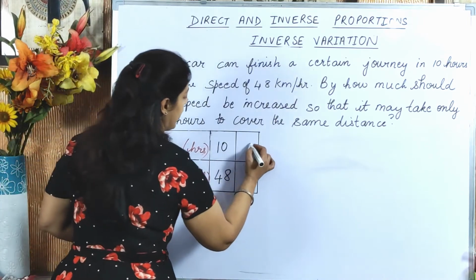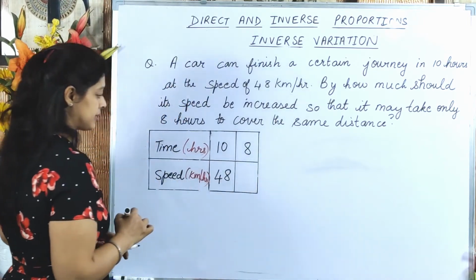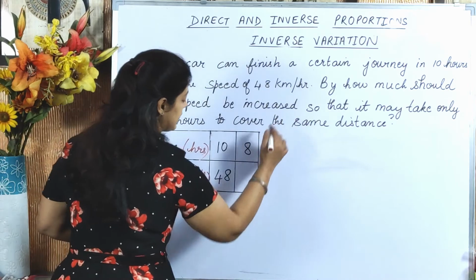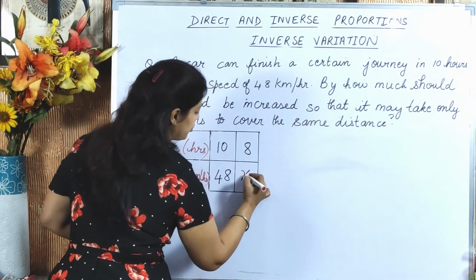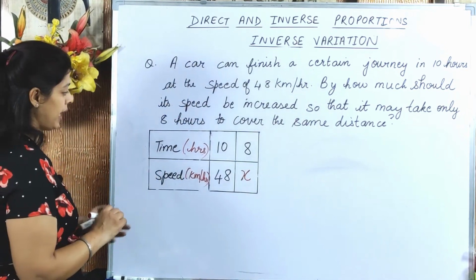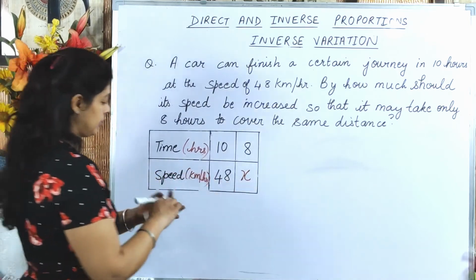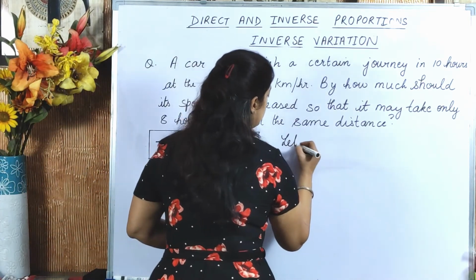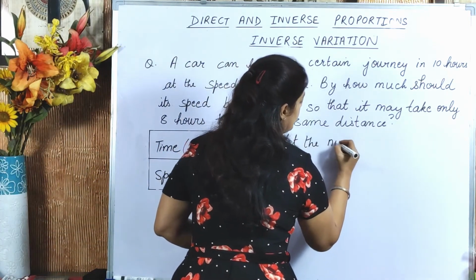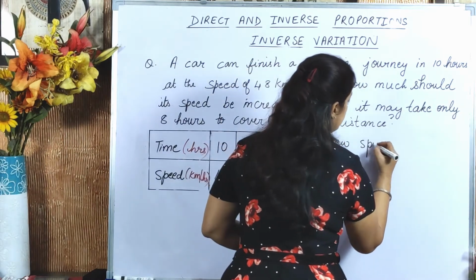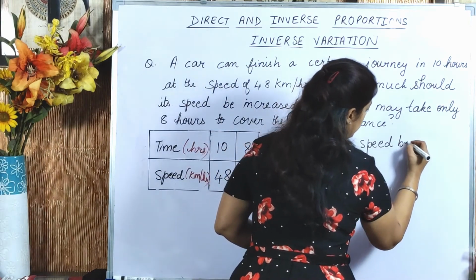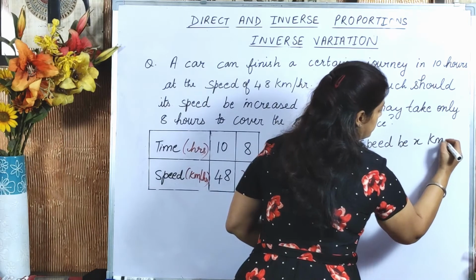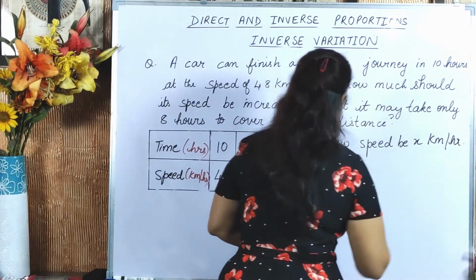Then it takes 8 hours to cover the same distance. So we have to find the increased speed. So first let the new speed be x kilometers per hour.